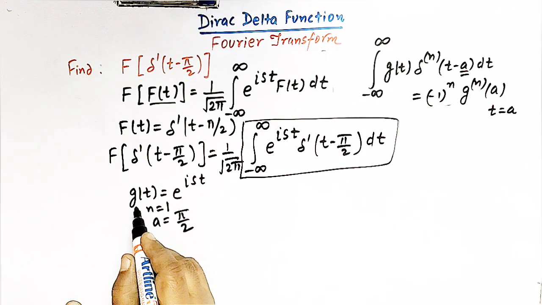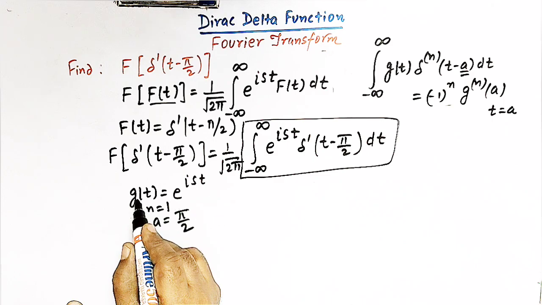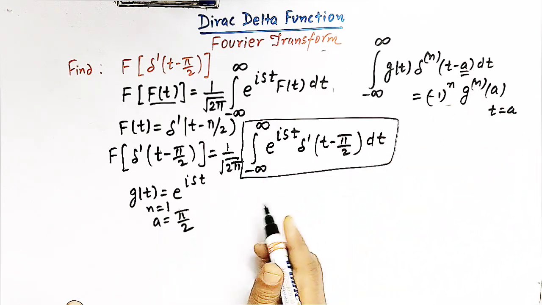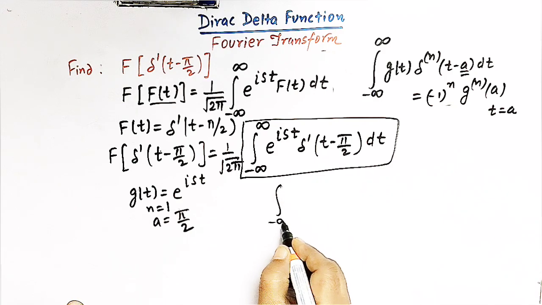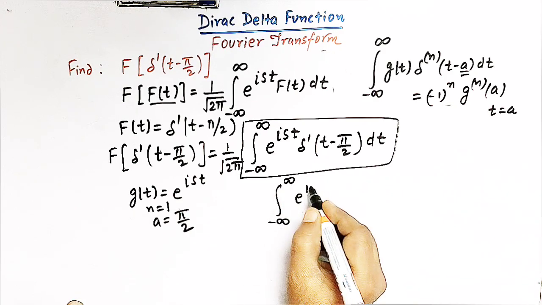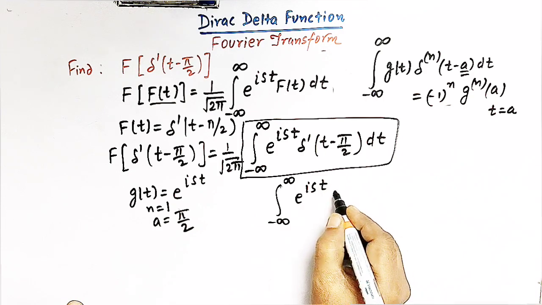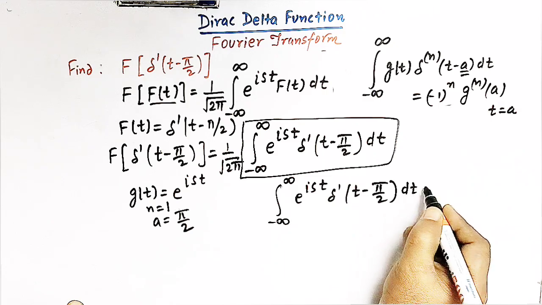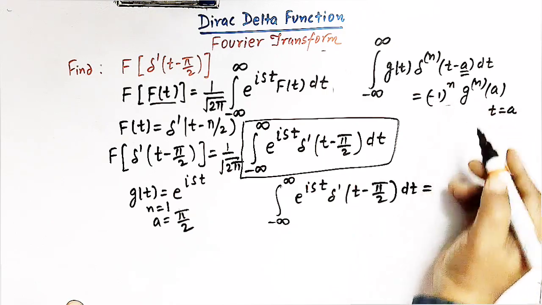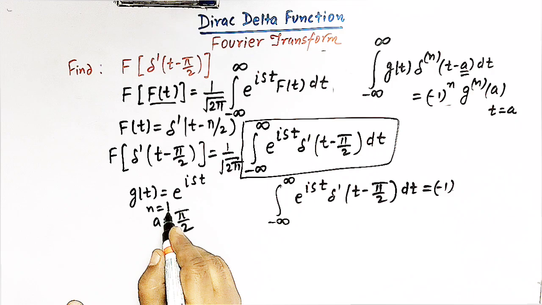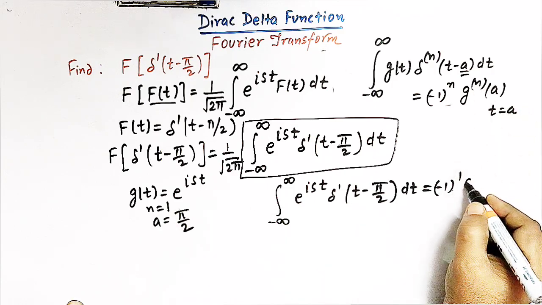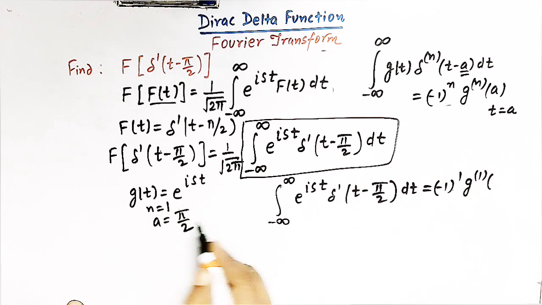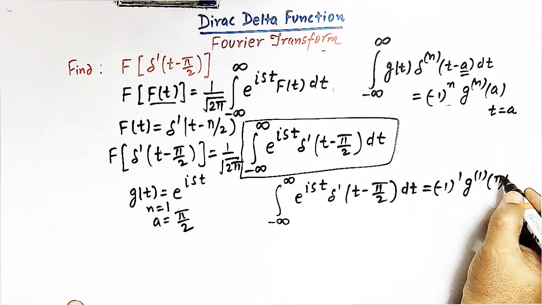So the integral of e raised to i s t times delta prime of t minus pi by 2 dt is equal to minus 1 raised to n, where n is 1, g at 1, and a is pi by 2.